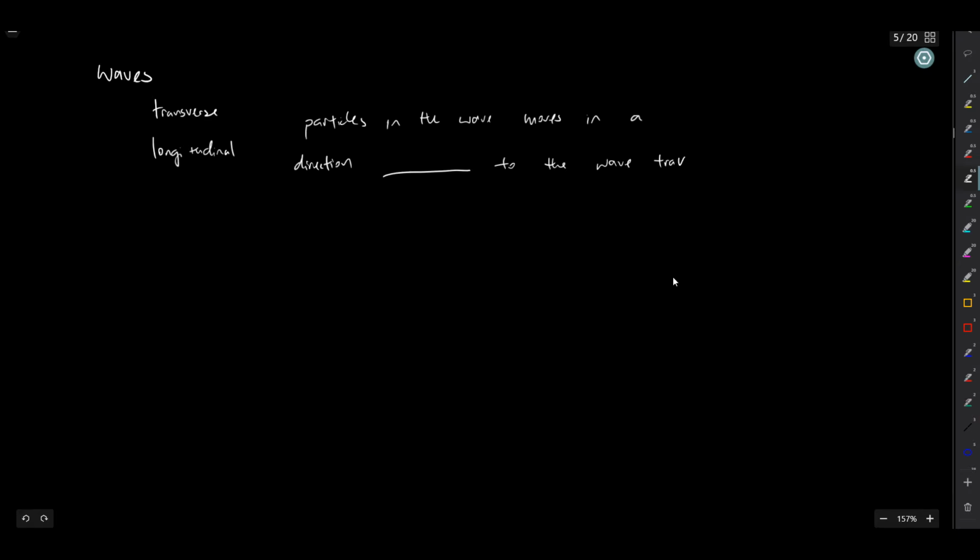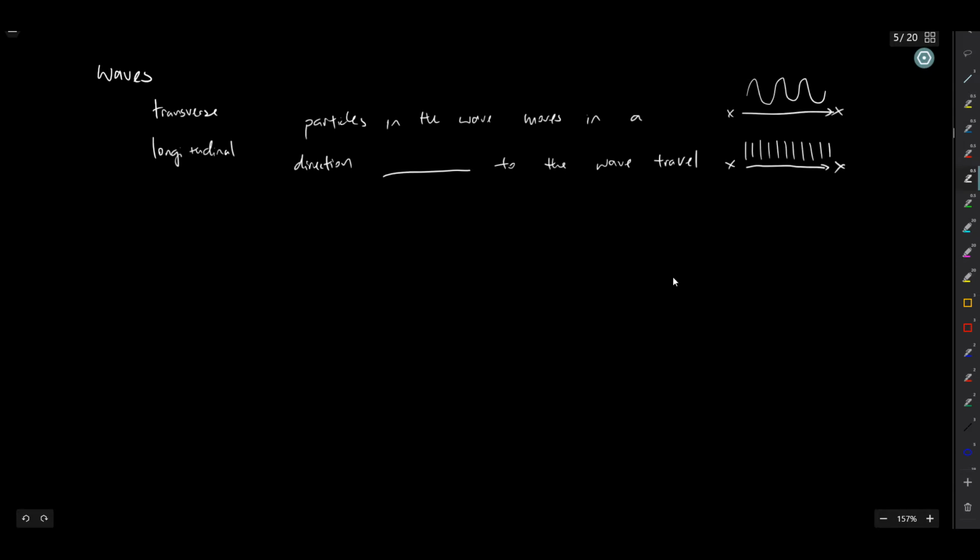That means in one case, when my wave moves from left to right, which is the wave travel, my particles go up and down, and this creates a wave that looks like that. The other one is when my wave moves from left to right, my particles also move left to right, so it creates a wave that's like that.